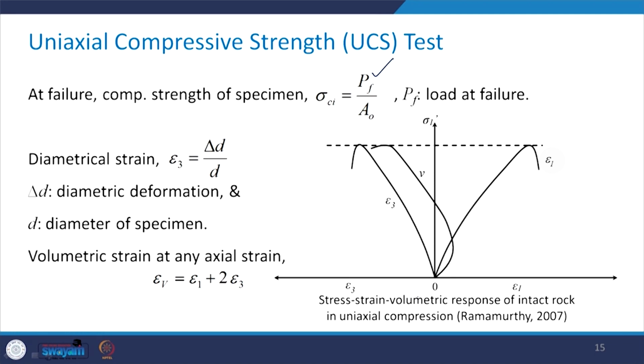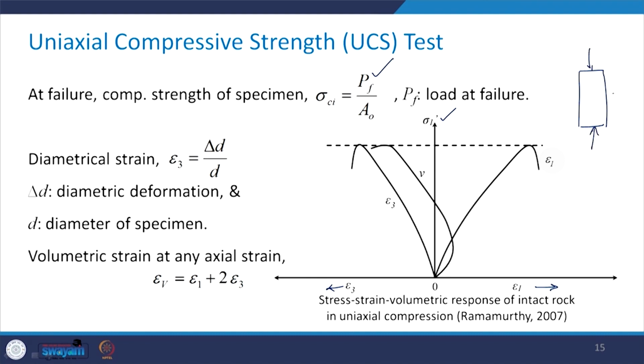On the x axis, in one direction we have epsilon 1, which means axial strain, and in the other direction we have epsilon 3, which is the diametral strain, and we are plotting it against sigma 1, which is the axial stress. Now because we are applying the load in this direction, what will happen?